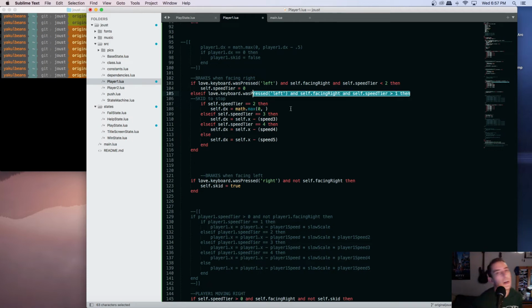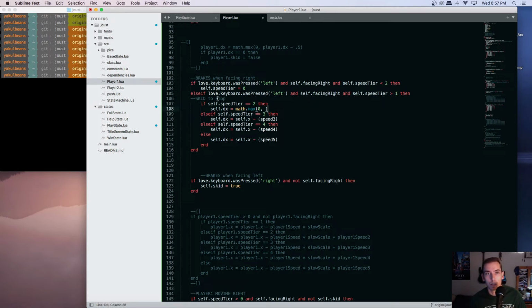Which will not accomplish what I'm trying to do. So we just need to set the skid here. And then elsewhere in the update, we need to say if it's skid, take its current speed tier and slowly turn that to 0. Once it's 0, reset the skid. So I think that's what we need to do.